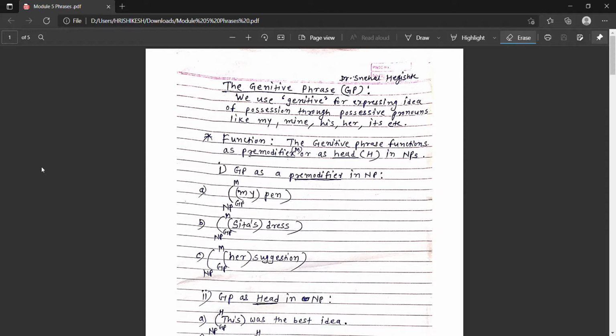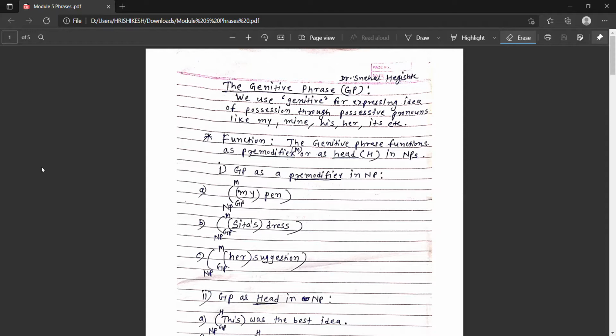GP or genitive phrase functioning as a pre-modifier in noun phrase. In example A, we have my pen. You have bracketed my pen in a round bracket. We enclose phrases in round brackets.